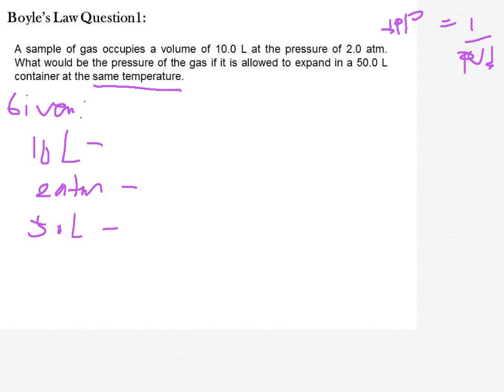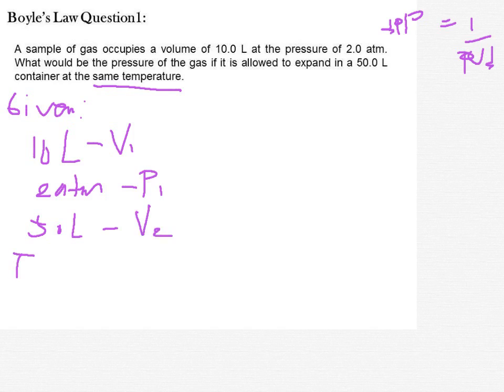So we have 10 liters, which is the volume before changes were made. This is our V1. We have 2 atm, which refers to the pressure before changes, so that is our initial pressure. And we have 50 liters, which refers to the volume after there was a change. This is our V2.